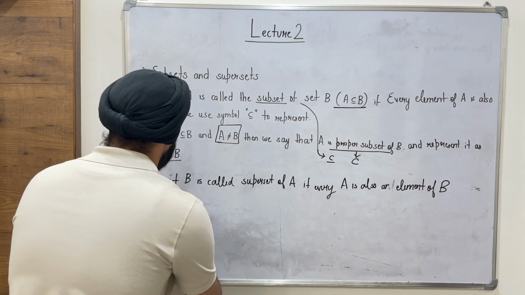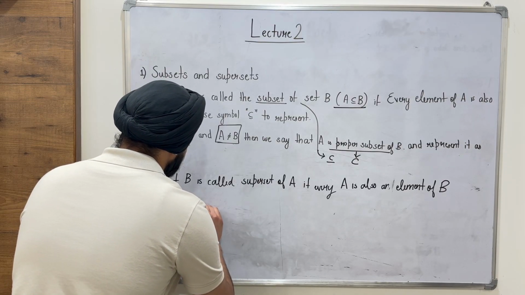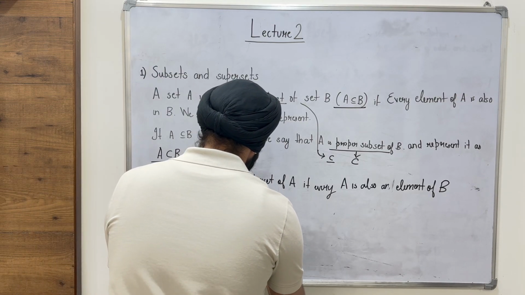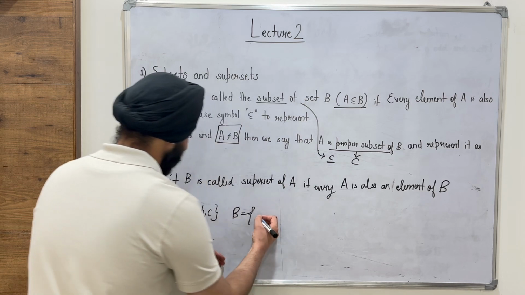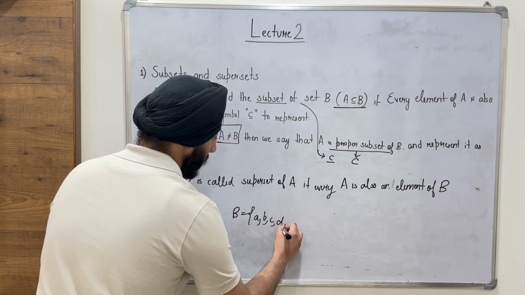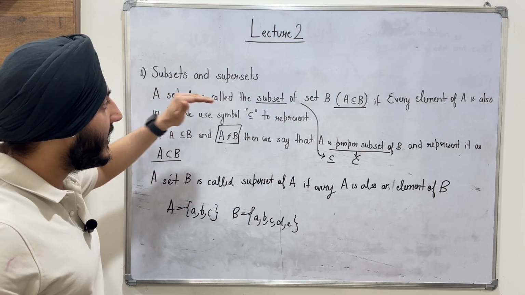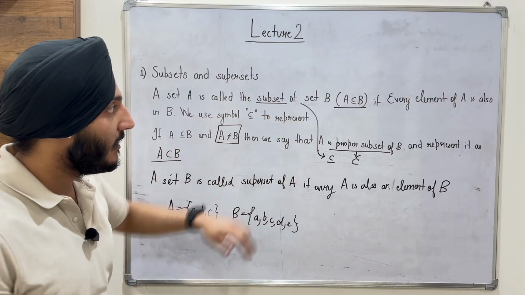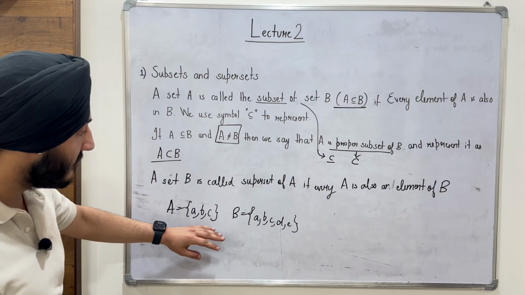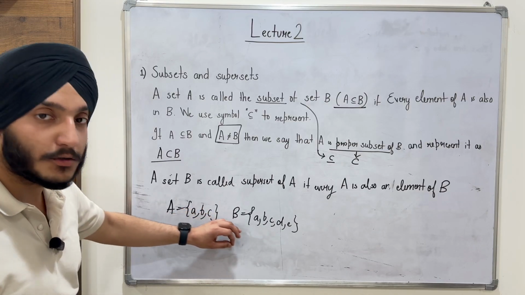Consider I have two sets, A equal, let's say, {a, b, c}, and B equal {a, b, c, d, e}. According to the definition, a set A is called a subset of B if every element of A is also in B. So if you take a look at this example over here, we can see that every element of A is also in B, right?